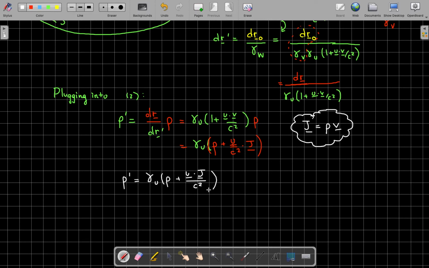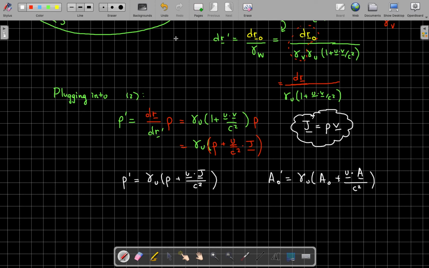Okay. This is how the zeroth component of a 4-vector changes. The zeroth component of a 4-vector, A0 prime, is equal to gamma u times A0 plus u dot A, where this is the spatial part of the 4-vector, over c.